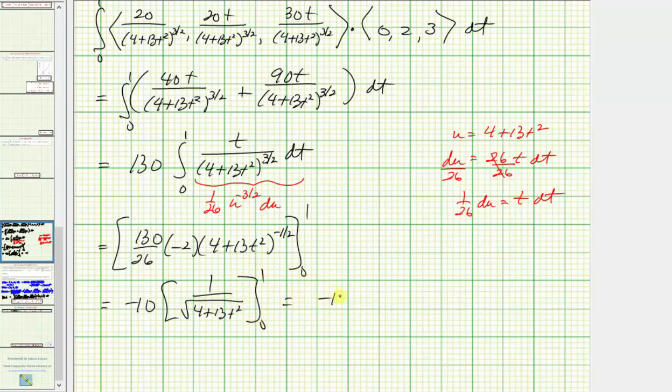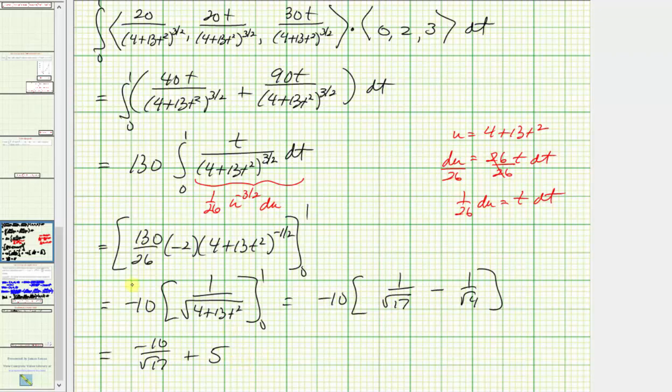So when t is 1, we're going to have 1 over the square root of 17, minus, when t is 0, we're going to have 1 over the square root of 4. And of course, the square root of 4 simplifies to 2. So let's write the exact value as negative 10 divided by the square root of 17, plus 10 divided by 2, or plus 5.